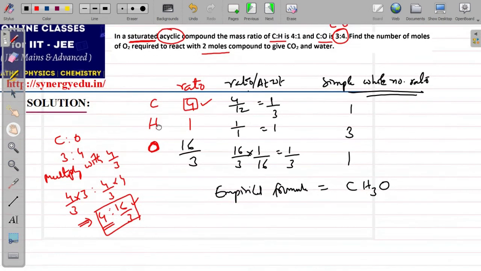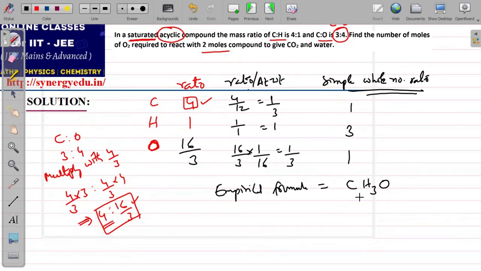Now obviously, it is not possible to have a compound with one carbon like this, as we know in organic chemistry. Therefore, let's see what molecular formulas are possible. If I multiply with 2, what will I get?